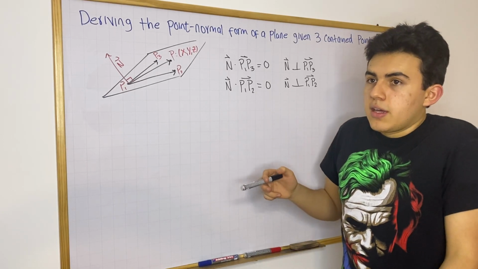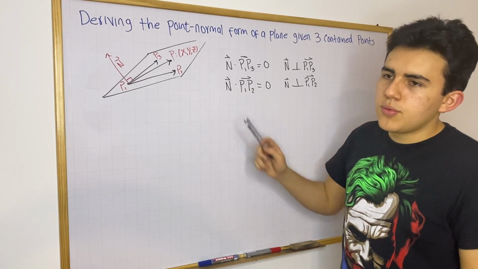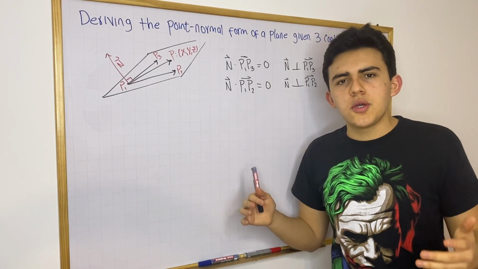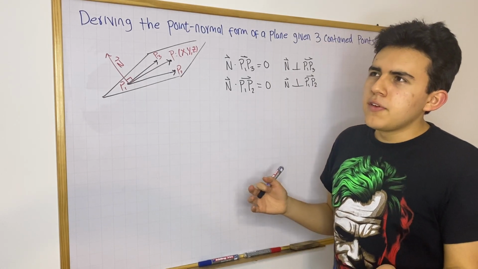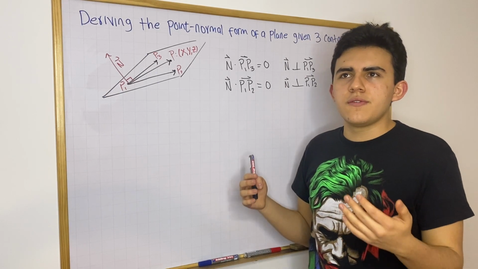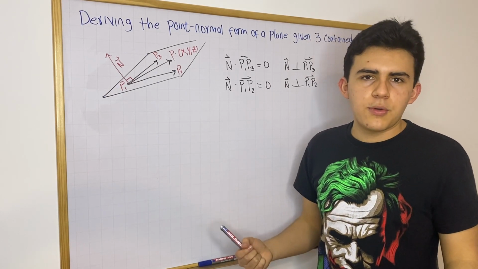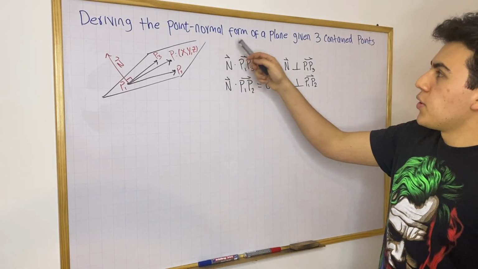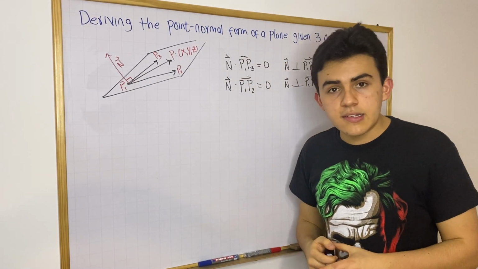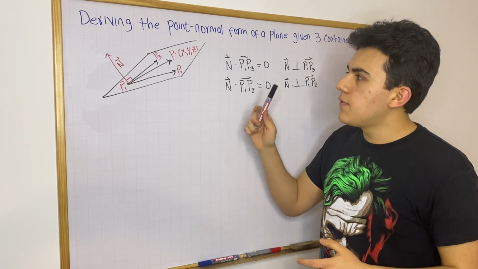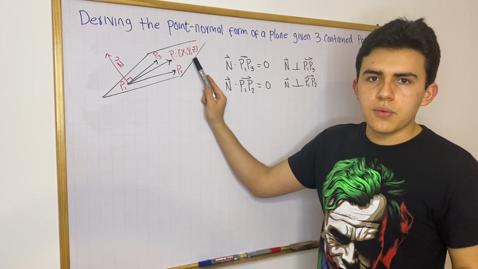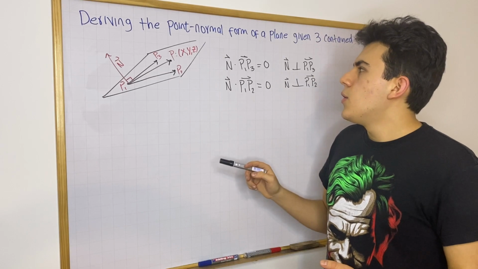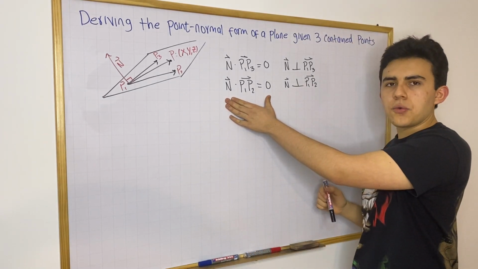If you do computer science, when you have an equation, really you have a user of the equation. The user of the point normal form equation will give us an xyz point to play with.